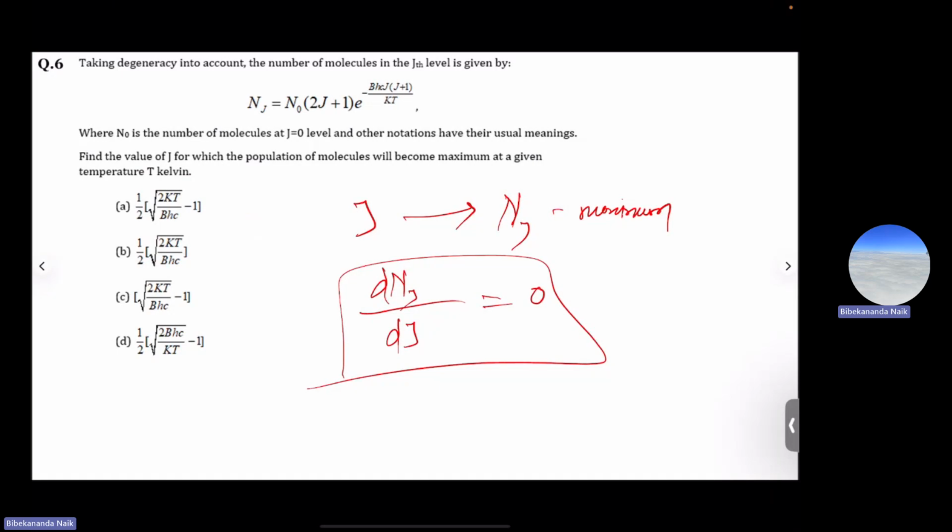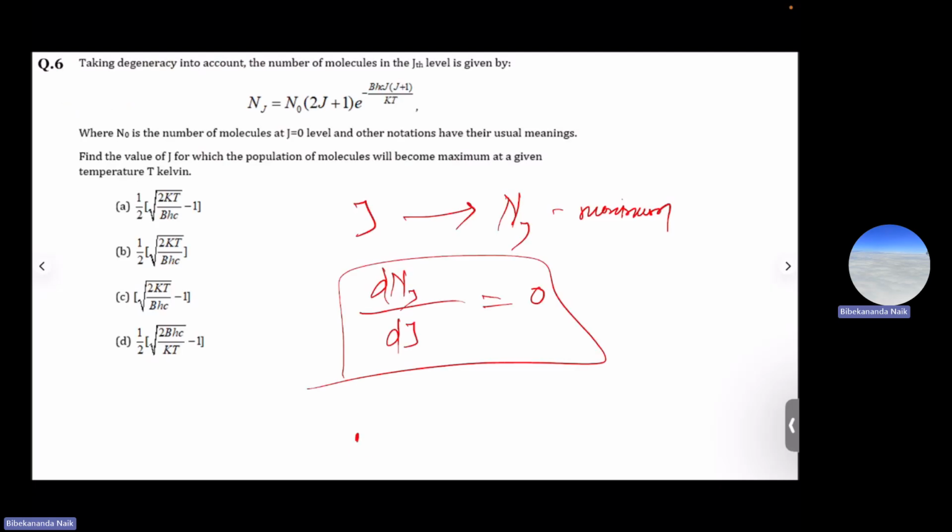Okay, so when we solve it, the question says that by taking the degeneracy into account, we have the expression for the number of molecules in the jth level, and we need to find the value of J for which it will be maximum at a given temperature T. In order to find J, we need to equate the first derivative of nj with respect to J to 0, because it is given that it should be maximum. So dnj by dJ will be 0.